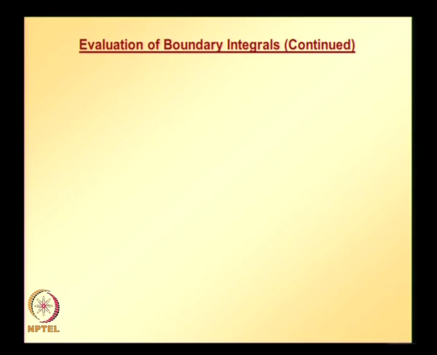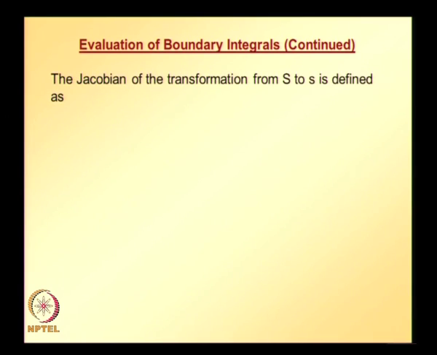So the Jacobian of transformation from capital S to small s is defined as d capital S divided by d small s. That is the Jacobian J of side 1 2.